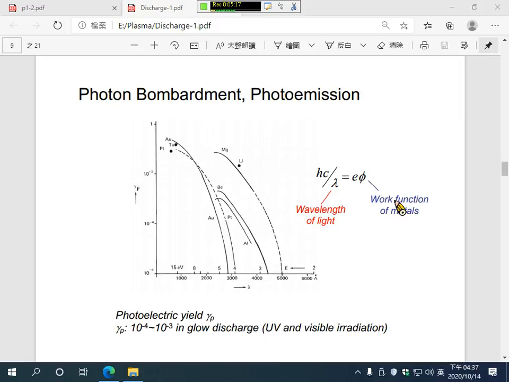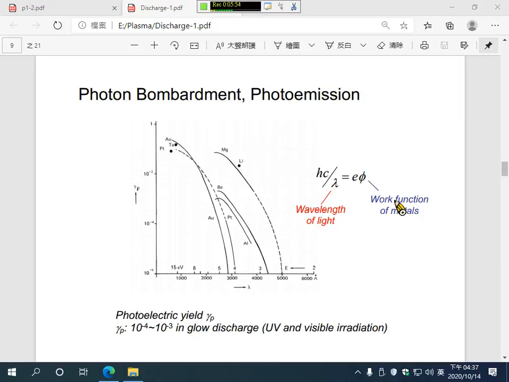Okay, so here is the barrier. If you can provide an energy equal to the potential difference between the vacuum level and the Fermi level, you can let the electron escape to the vacuum level.